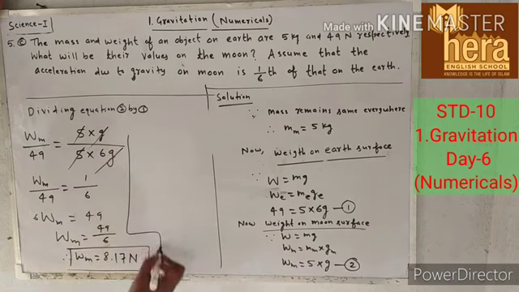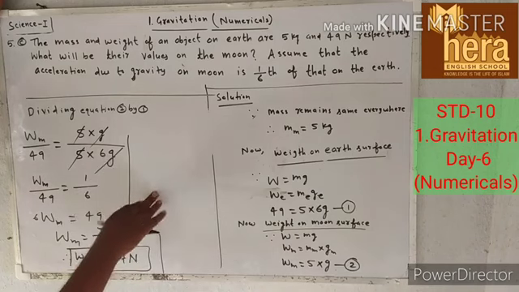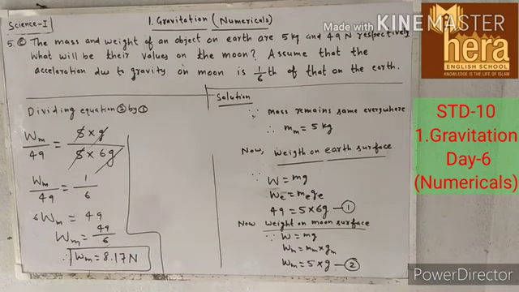So in the language you have to write: therefore the weight on the surface of moon is equal to 8.17 Newton. I am not writing it, but you have to write it, okay? Otherwise marks will be deducted.